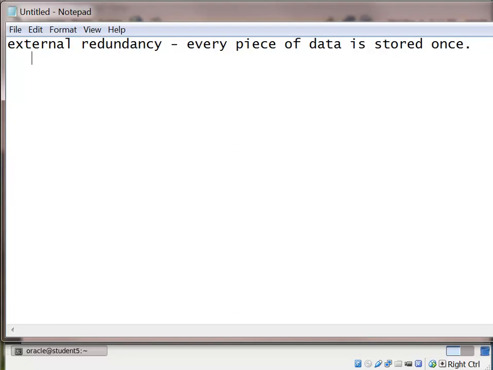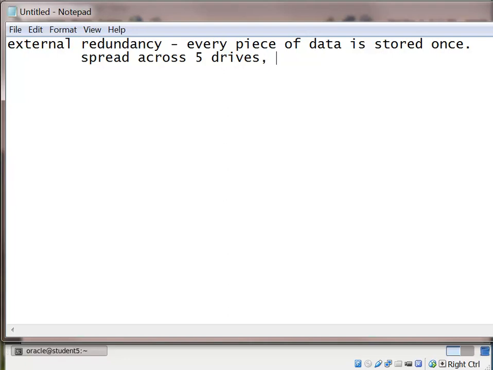If your external redundancy disk group is spread across, for example, 5 drives, if you lose any single one drive, the entire disk group is toast because you lost data, and there's nothing out there that can reconstruct the missing data.